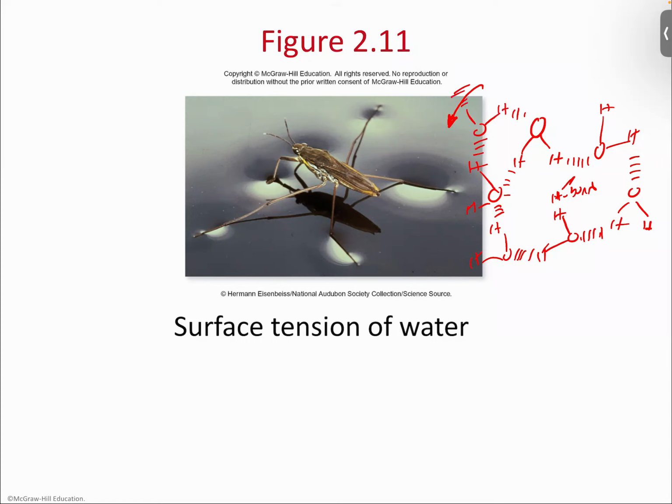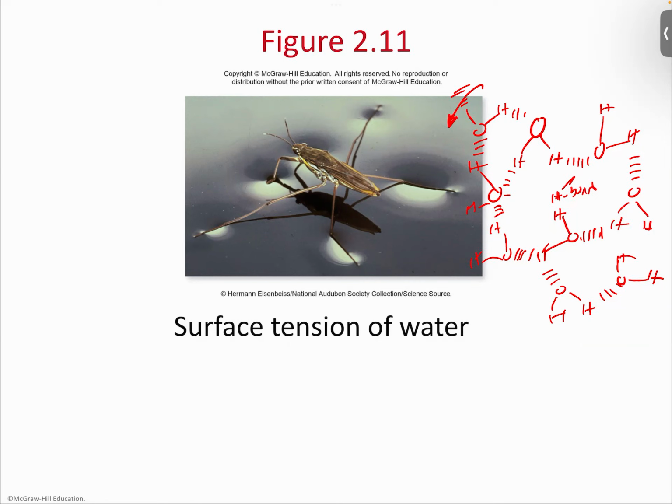You get the idea, right? You start to form a network of waters, a sort of fishnet-like structure. So the water itself is all zippered together with all these hydrogen bonds, all interlinked with each other.